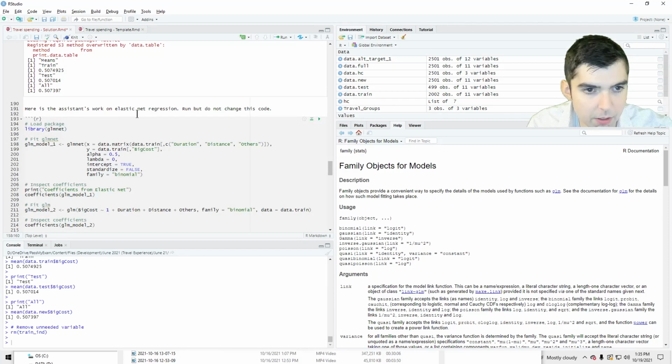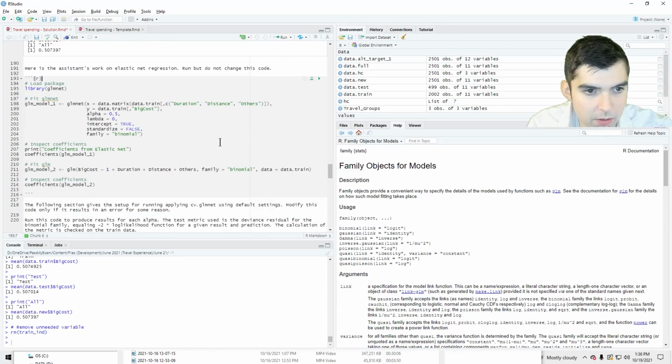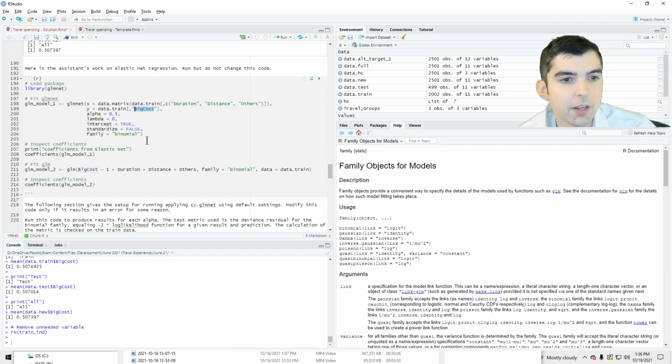Here's the assistant's work on elastic net regression. Run, but do not change this code. So glmnet, and then the predictors are duration, distance, and others. And the Y is this big cost variable, which is the binary outcome if it's over or under 500.